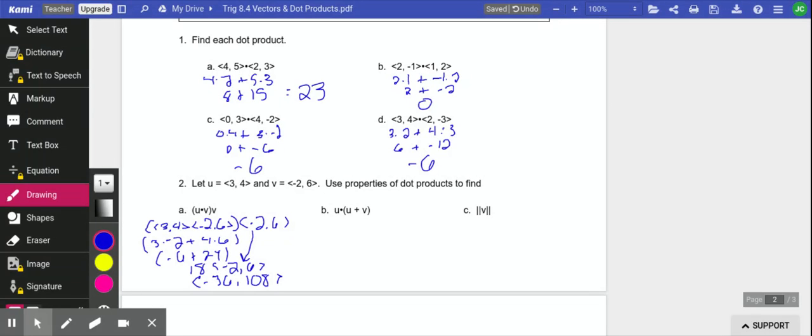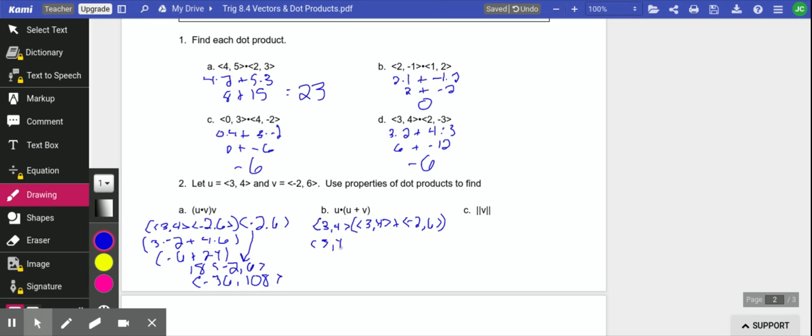Okay, let's check out the next one. We're going to do vector u times u plus v. So vector u is 3, 4. We're going to multiply that by vector u plus vector v. And we're going to use our order of operations.